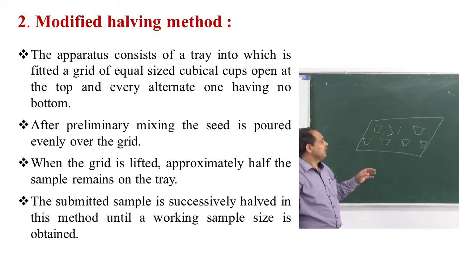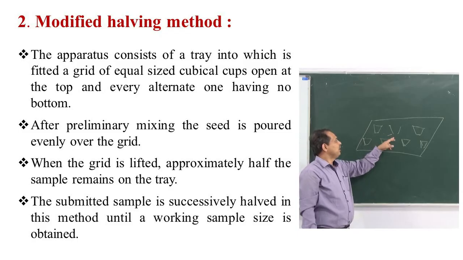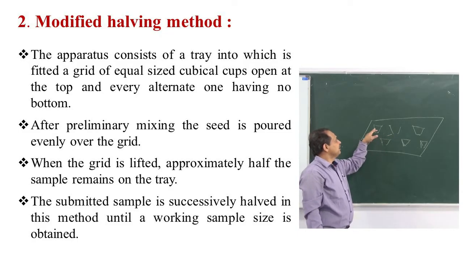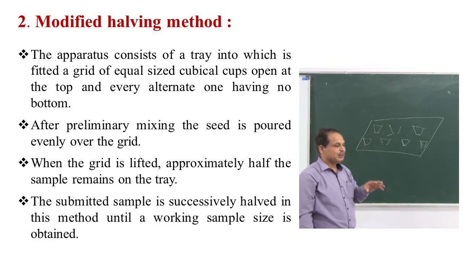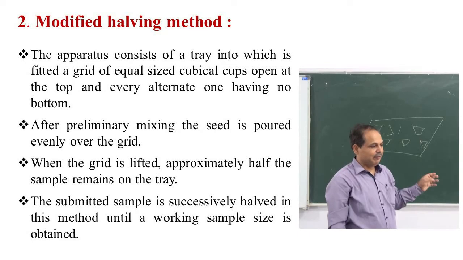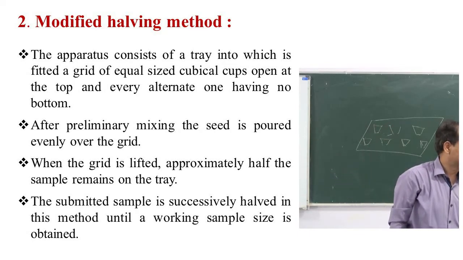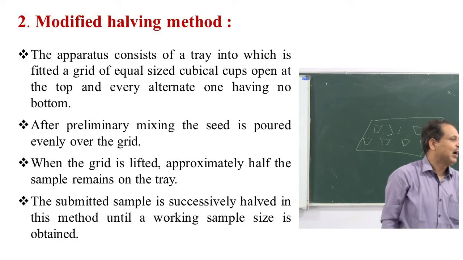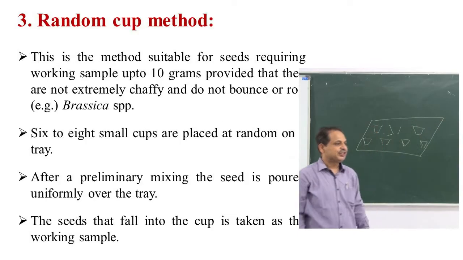We can take either of these two: the seed samples from the cups which are closed at the bottom, or the seed samples left on the seed tray. So this is the modified halving method of seed sampling.